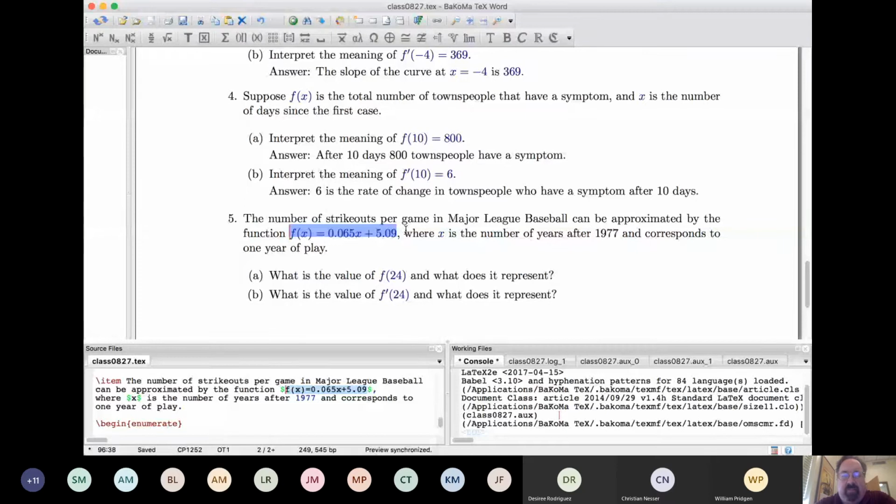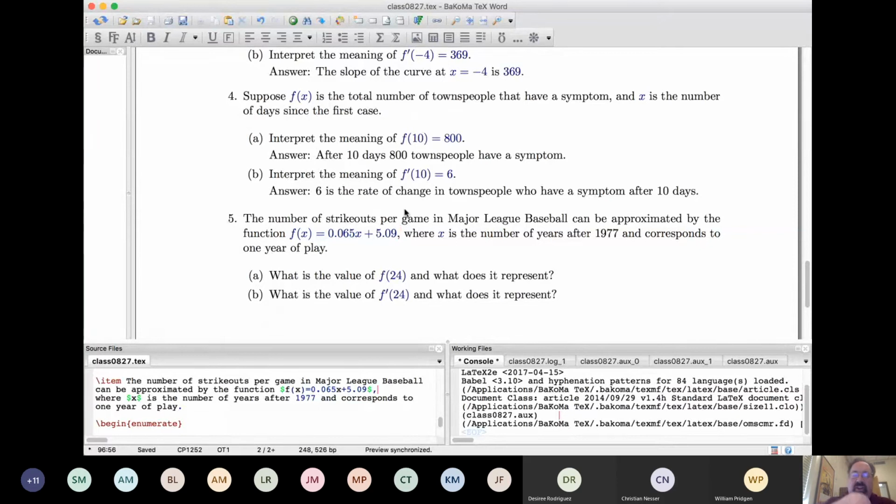Would one ever come across something like this out in the real world? Where do functions like this come from? That's something I can actually tell you: such functions do come up in real world applications, but how they're obtained is, one could look at a whole lot of data.